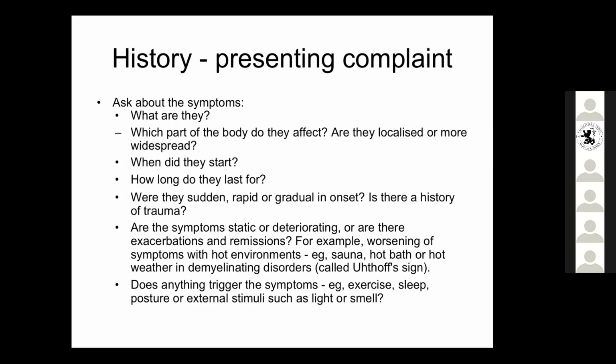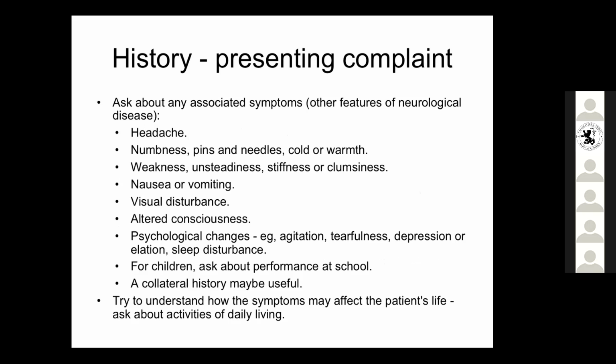And you should also ask if the symptoms were localized to some part of the body or if they have affected more than one part of the body, and if there is anything that worsens the symptoms or anything that makes the symptoms better. And if there's any specific trigger like sleeping, exercising, exposure to external stimuli like cold or smell, associated symptoms like altered consciousness, visual disturbances, nausea, vomiting.